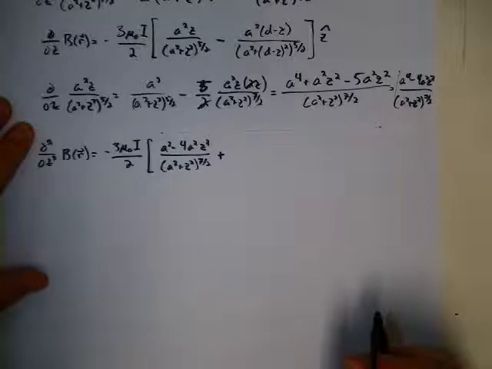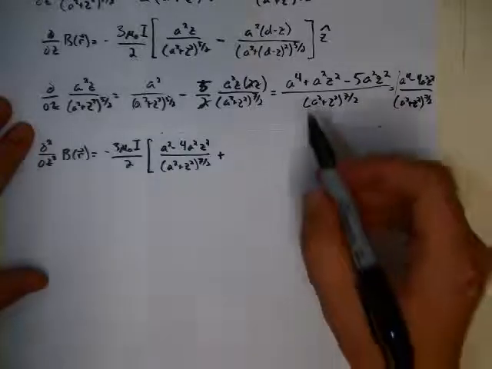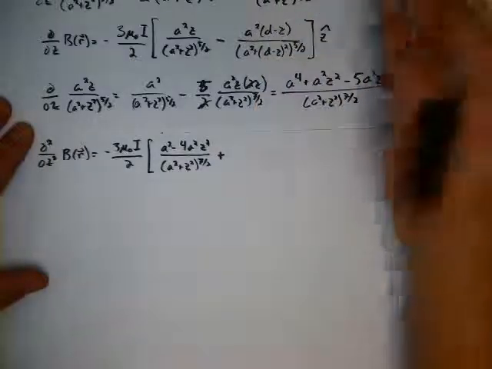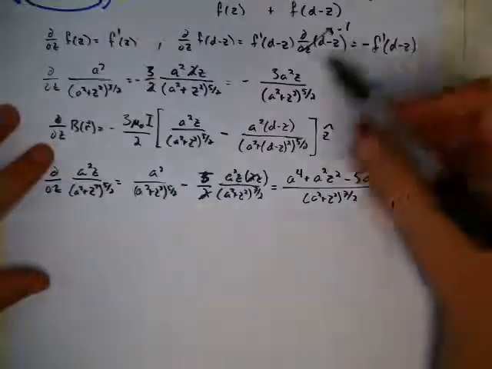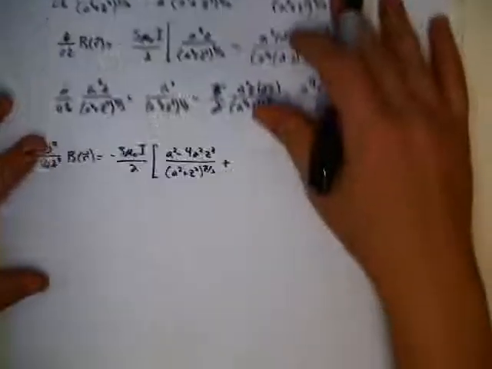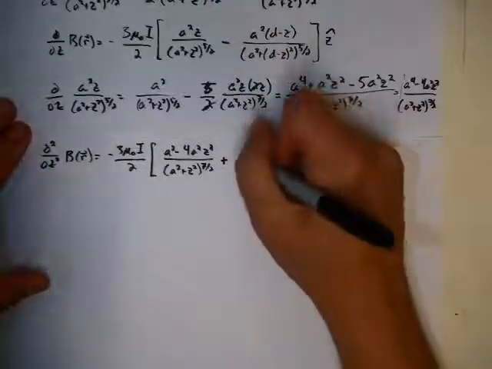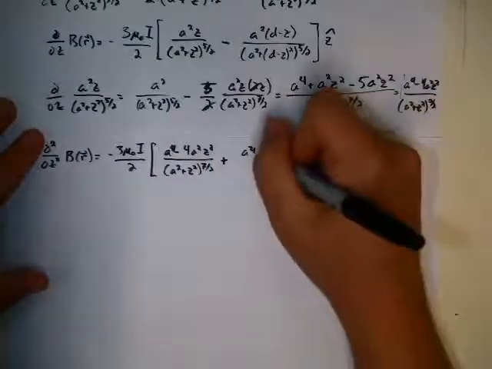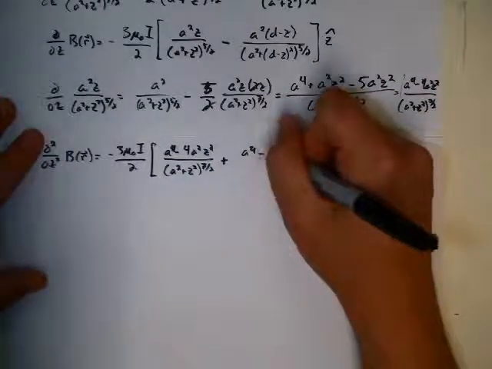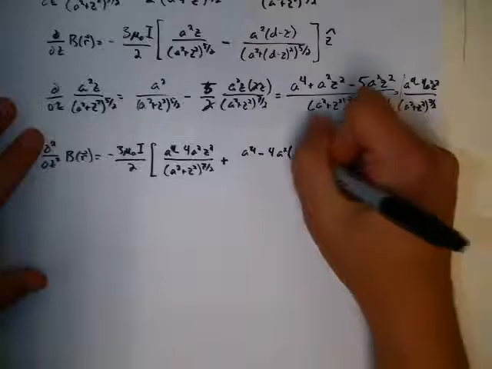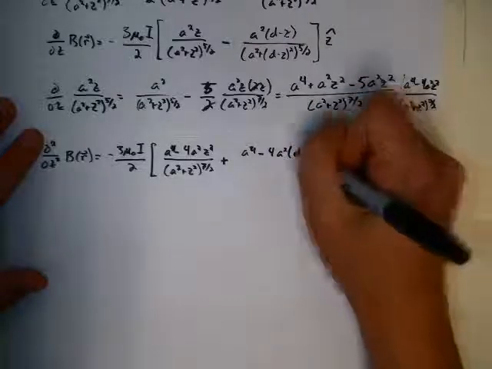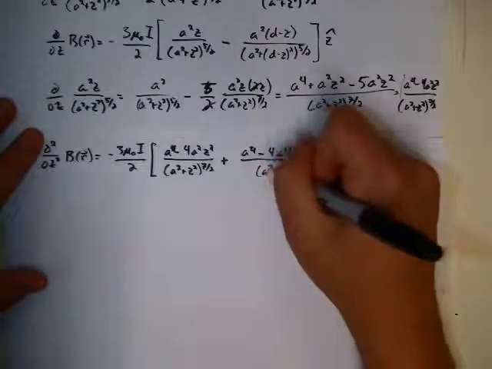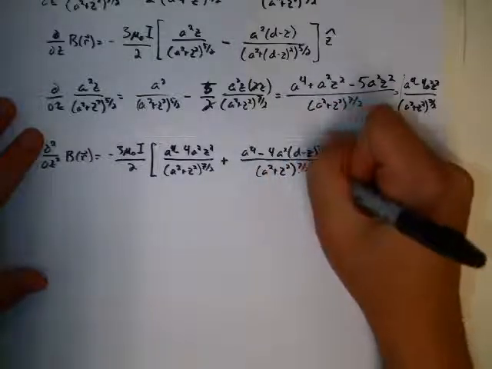Instead of a minus, I'm going to get a plus, because the minus here is going to get washed out from the minus. So I'm going to get a plus, then a to the 4th minus 4a squared quantity d minus z quantity squared divided by a squared plus z squared to the 7 halves.